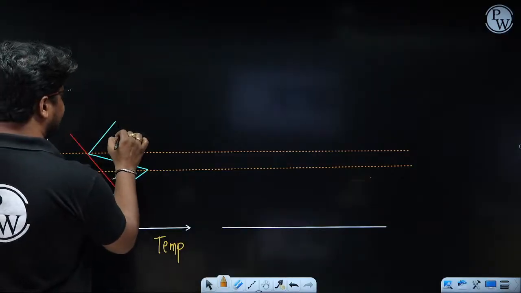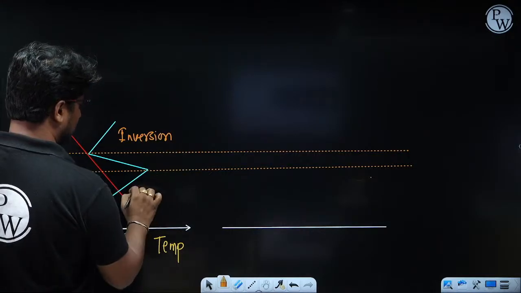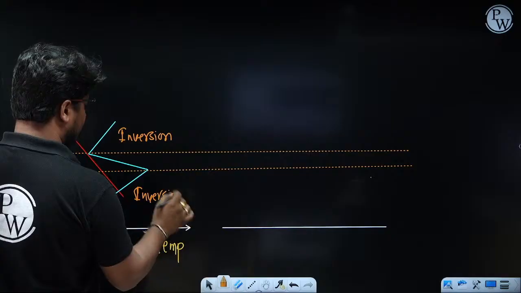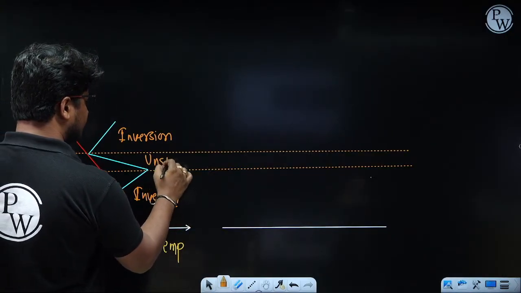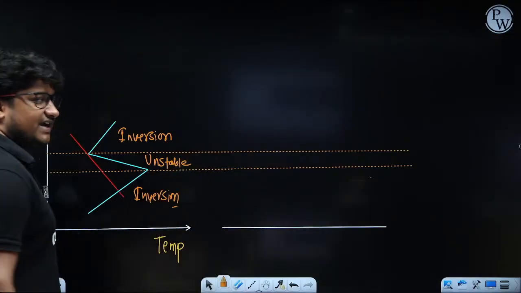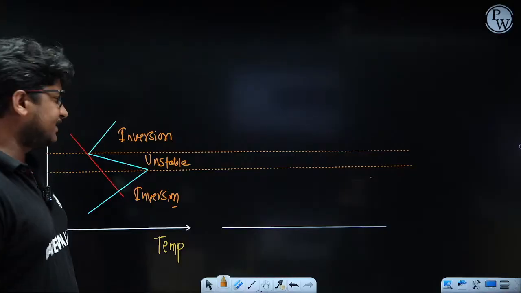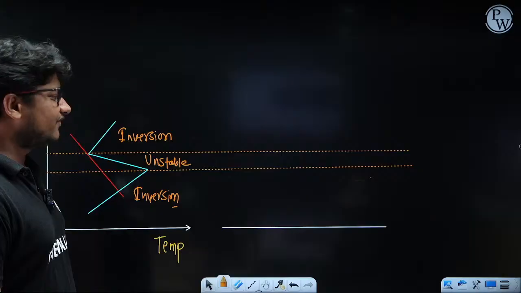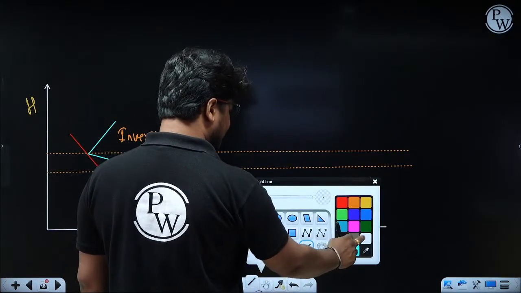The upper layer is the inversion layer. The bottom layer, which is near the ground, is again an inversion layer. And between two inversion layers, you have an unstable condition, which is a super adiabatic condition. So an unstable layer is good for pollutant dispersion and dilution, but inversion layers are very bad for pollutant dispersion and dilution.